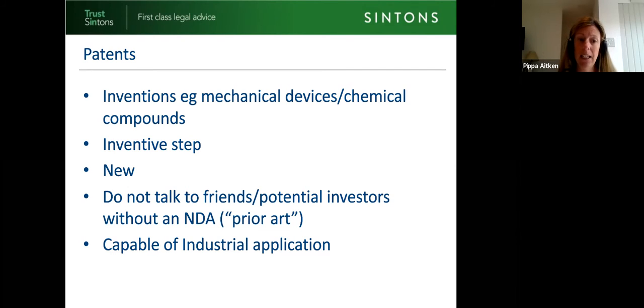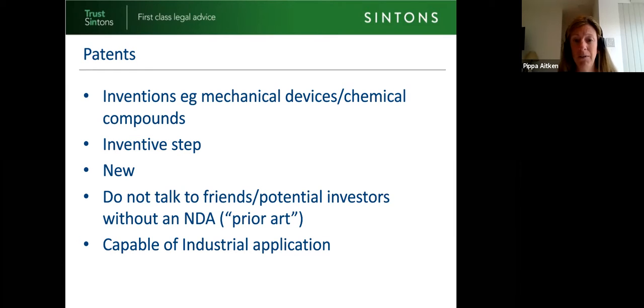Again, like designs, it needs to be new, but in this respect, in patents, it really must not have been disclosed anywhere else before. So if you're going to talk to friends or potential investors about your idea, don't talk to anyone without an NDA, a non-disclosure agreement, being signed.